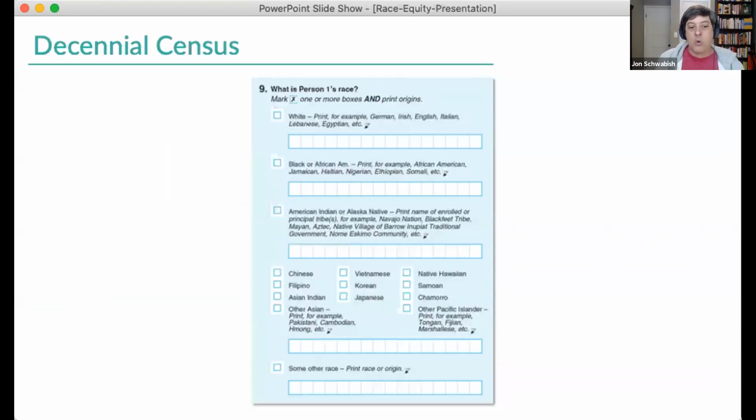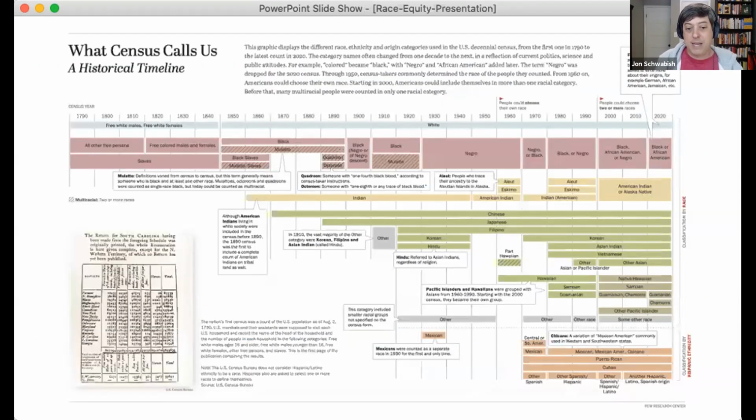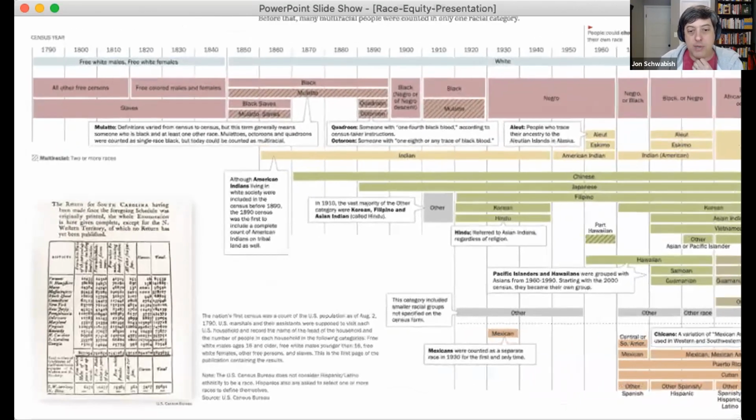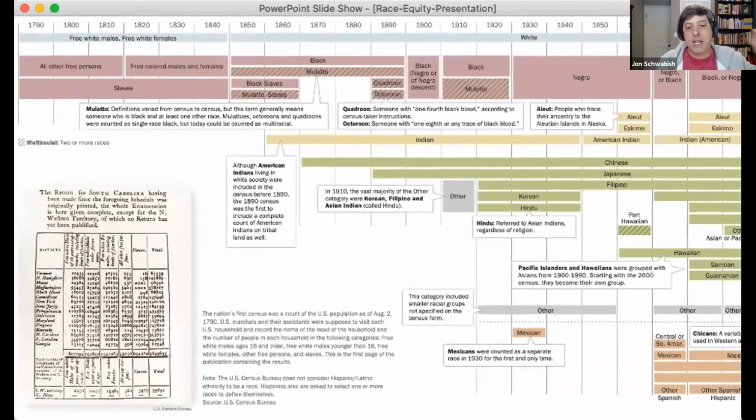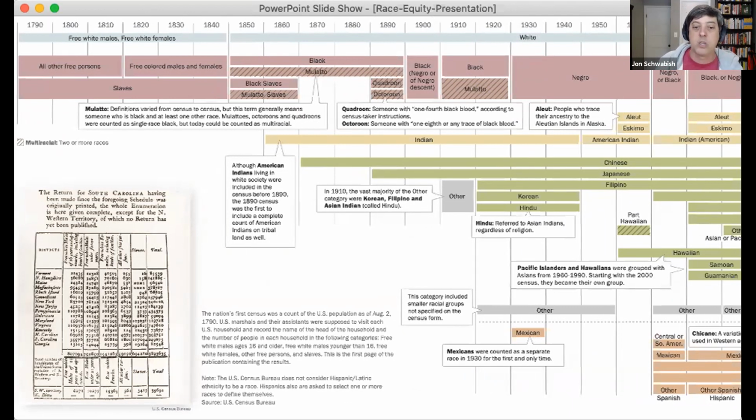So what can we do instead? Well, if we notice at the decennial census, for example, this is a really nice graphic from the Pew Research Center on the history of the census. If you zoom in here a little bit, the top gray line that's always the same all the way across is always white. It's always the same group. The next group is a combination showing, I think a nice job, how language changes for better and for worse.